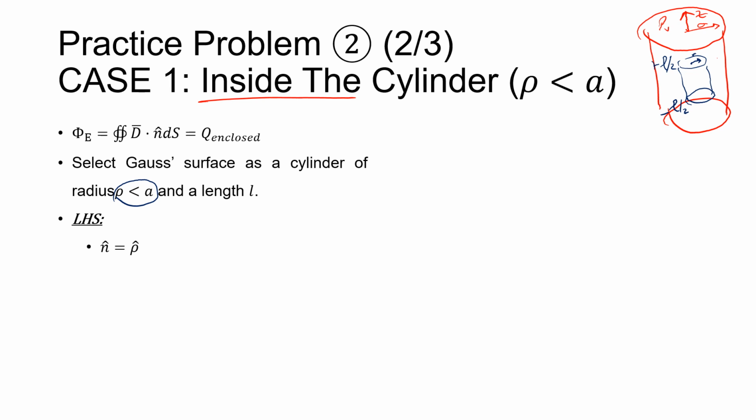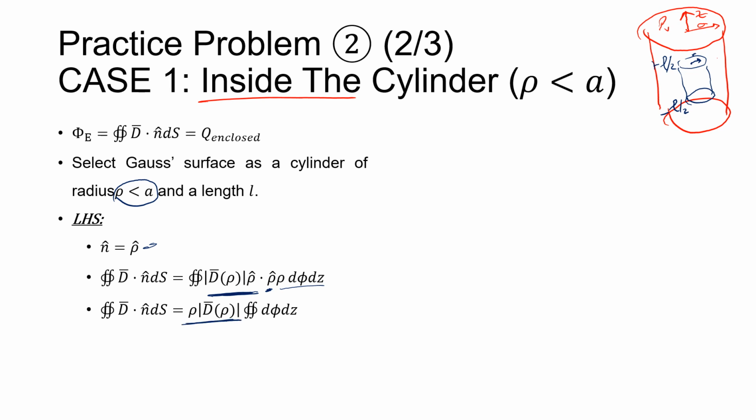For the left hand side first, n is equal to a rho, as we concluded in the previous slide. And then we do the double integral of D dot n dS, which after substitution you will get here D rho, this replacement of n, and this is the vector which we concluded last slide. This is just the infinitesimal element.